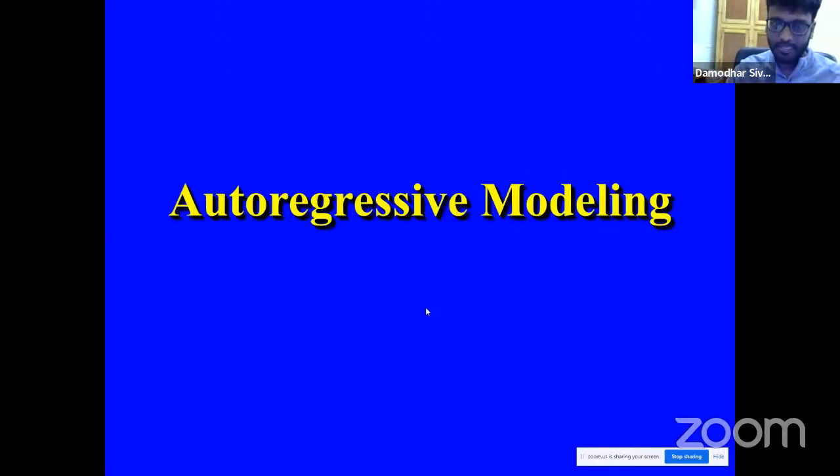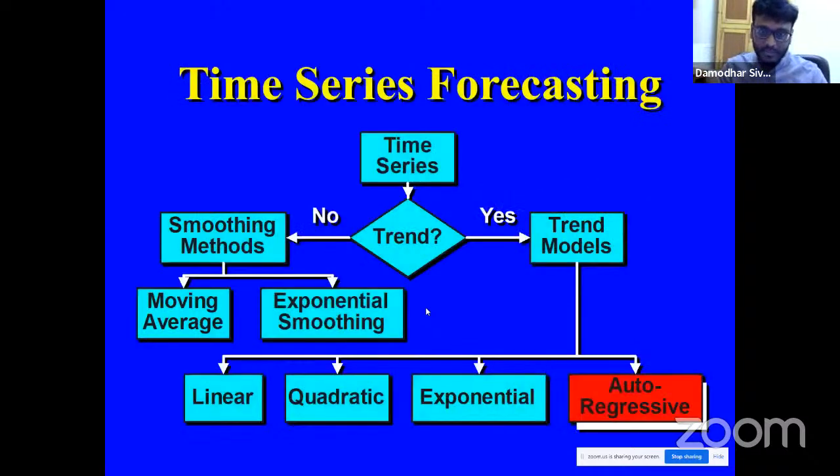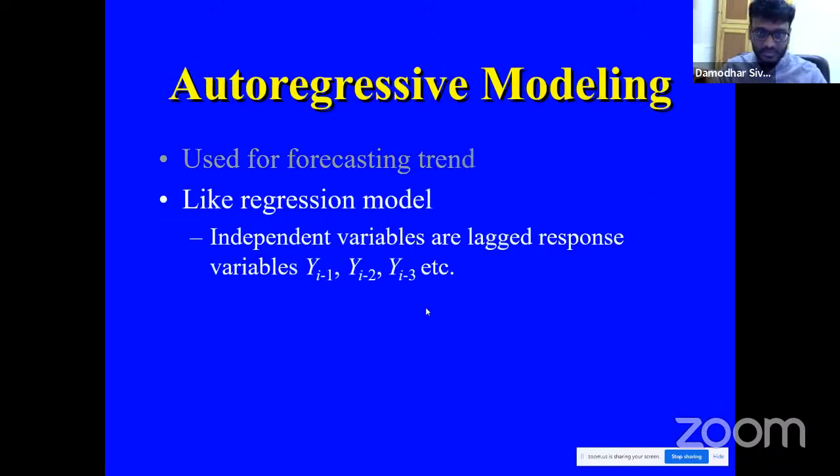Coming to the auto-regressive models, the name itself says that we regress on the same data series. For example, yi-1, yi-2 and yi-3, just like the t-1, t-2, t-3 concepts I mentioned.